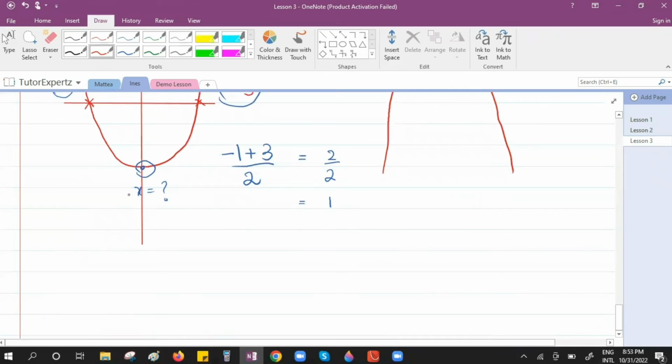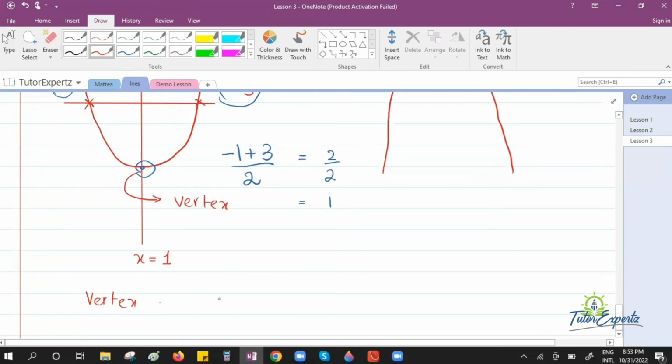We already discussed that the axis of symmetry is basically the x coordinate of the vertex, right? Remember vertex? What was vertex?